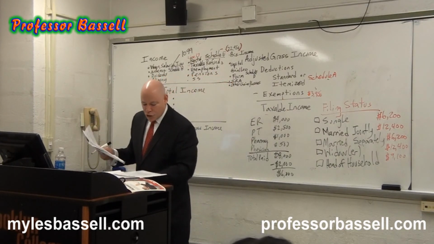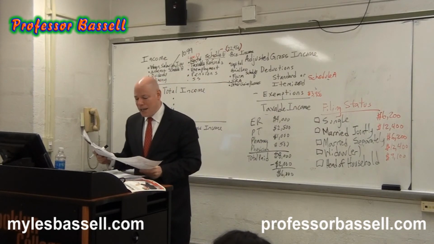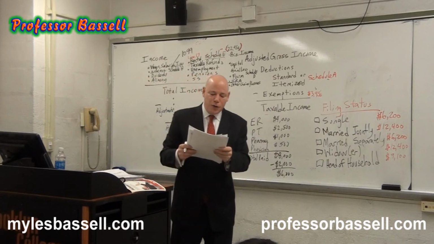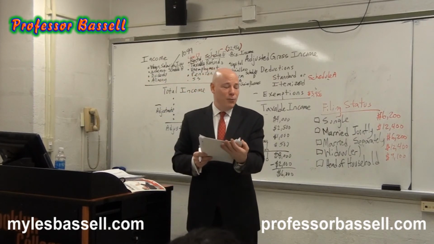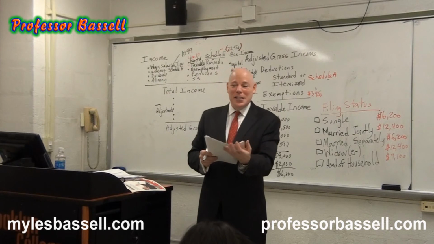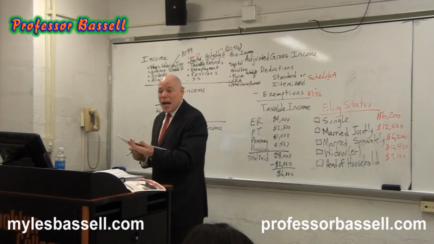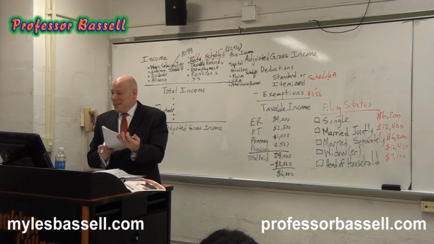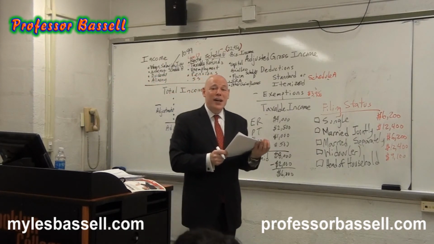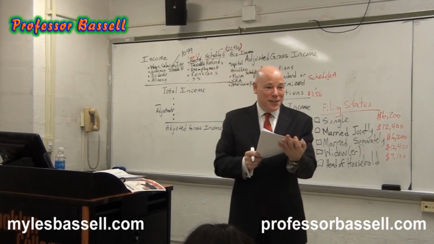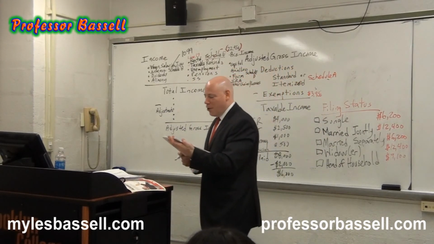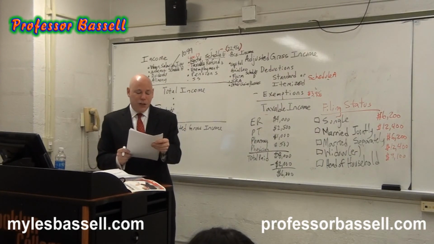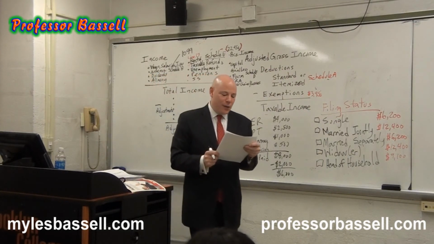So that's what line 38 is, because it says enter the amount from Form 1040, line 38. So what's on line 38? Your AGI. $100,000. That's what Genesis makes, $100,000 per year. All right? So on Schedule A, line 2, put $100,000.